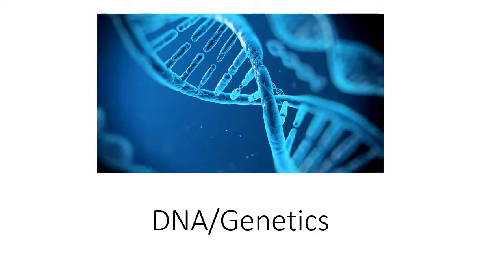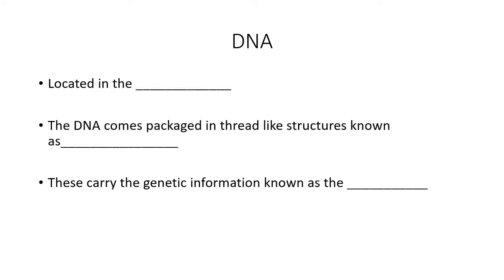So here we go. All right, DNA, that's what the picture was on the first slide. That was actually the double helix. We'll talk more about DNA structure in a different lecture video. But DNA is going to be located in the nucleus of the cell.